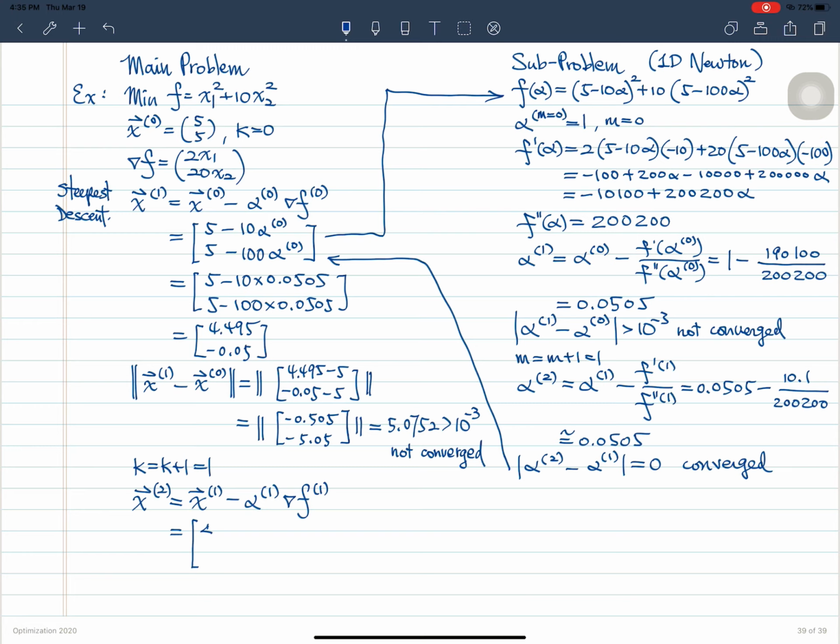So 4.495, negative 0.05, minus 8.99 alpha 1, and then plus 1, because 0.05 times 20, that's 1, so alpha 1 here.